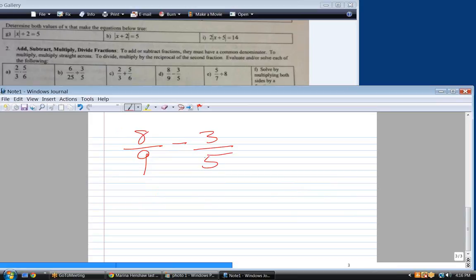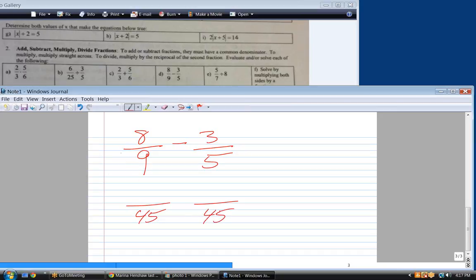What's the least common denominator? 40. Remember that the least common denominator has to be divisible by both terms. I mean 45. So this one is 45, and this one is going to be 45.